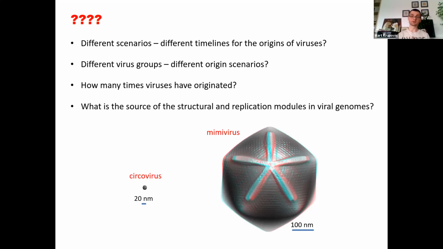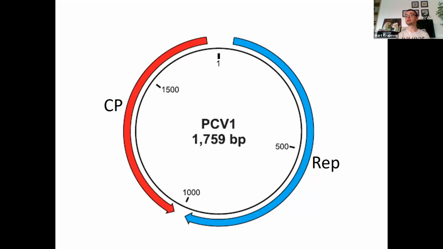In the simple viruses, such as the single-stranded DNA viruses, these two modules are reduced to just a single gene each. This is a genome of the porcine circovirus, which encodes just two proteins. One for genome replication, the rep protein, and the other one for virion formation, the capsid protein, right?